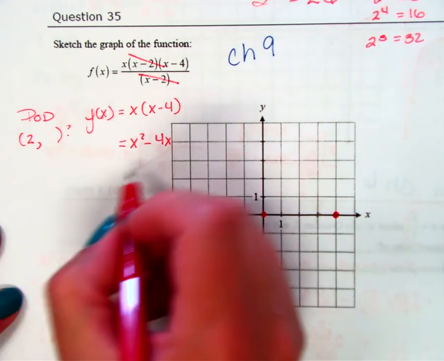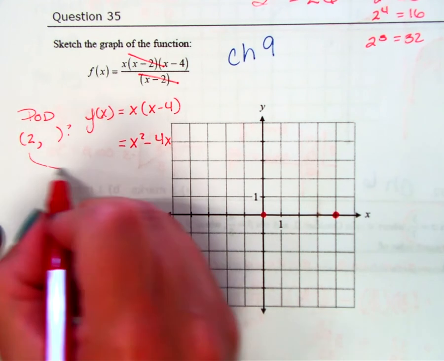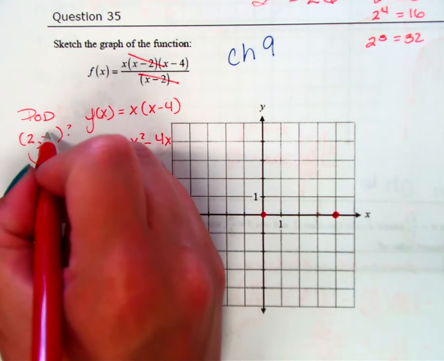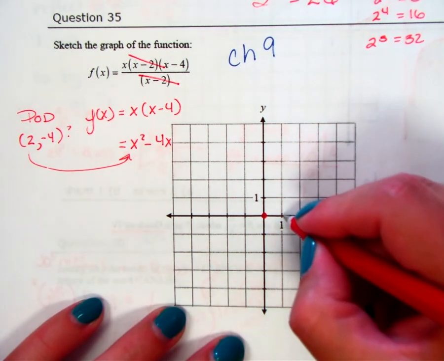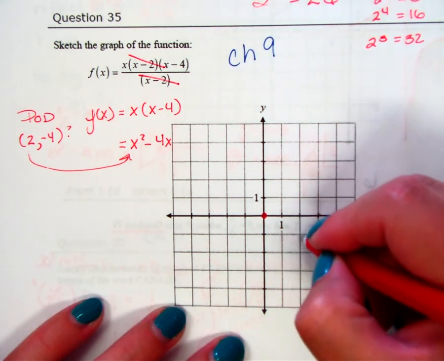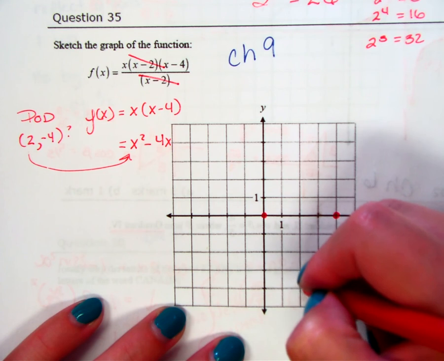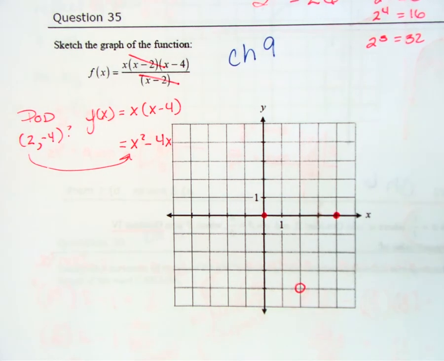Okay, so if I substitute 2 into this equation, I'm going to get negative 4. And that's going to be my point of discontinuity. So I'm going to put that point of discontinuity right on there. Those are my x-intercepts.